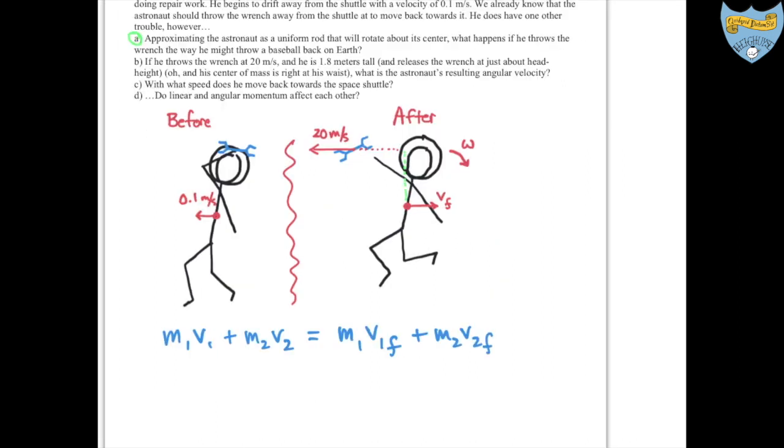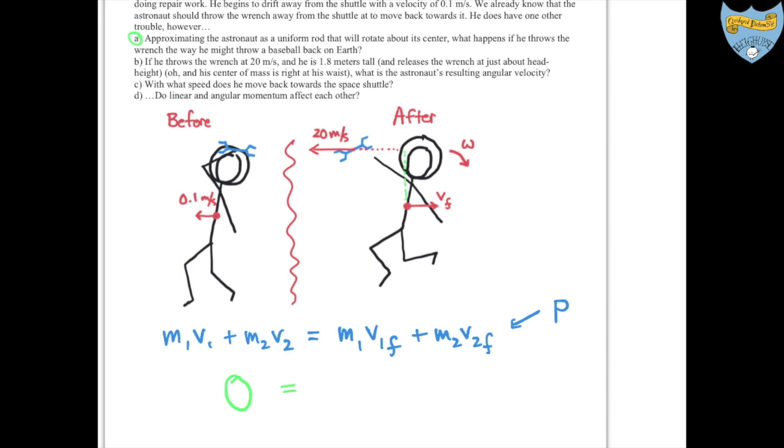Here is the equation that I might write for conservation of momentum. All right, fine. Note that before he throws the wrench, the system has linear momentum because he's, of course, as we said, drifting away from the space station, which is unfortunate. On the other hand, beforehand, there is no angular momentum. Initially, nothing is spinning. Nothing's being treated as a projectile about some sort of pivot.